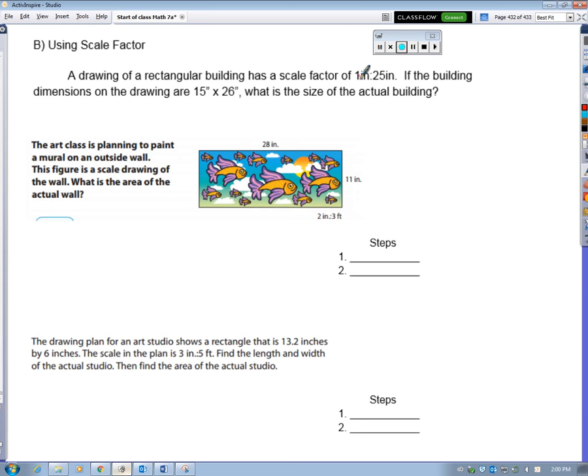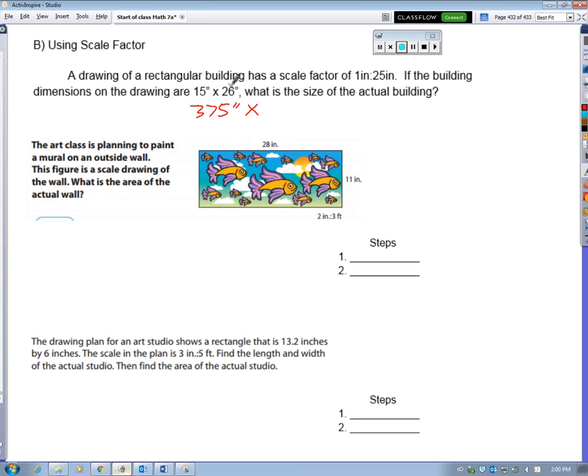Okay, here's all we have to do. Since 1 inch equals 25 inches on the building, and if I have 15 inches on paper, we're going to go 15 times 25 to get the actual size of that first wall, and that is going to be 375 inches. Okay, 15 times 25 is going to be 375 inches.